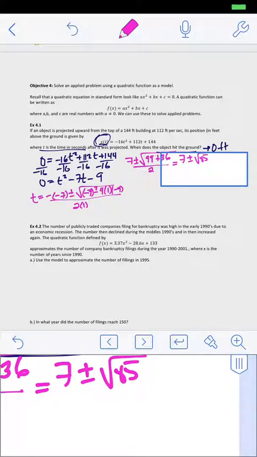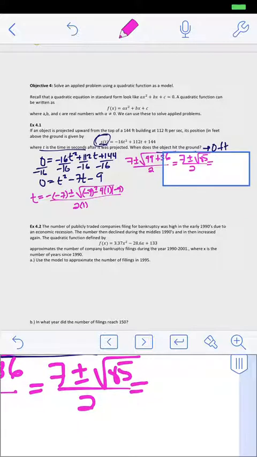So I was right, not a perfect square, not going to be rational numbers. Since we're doing a time problem and we wanted a decimal to see where we're sitting at time, let's take the square root of 85. We get plus or minus 9.22. So 7 plus or minus 9.22 over 2.